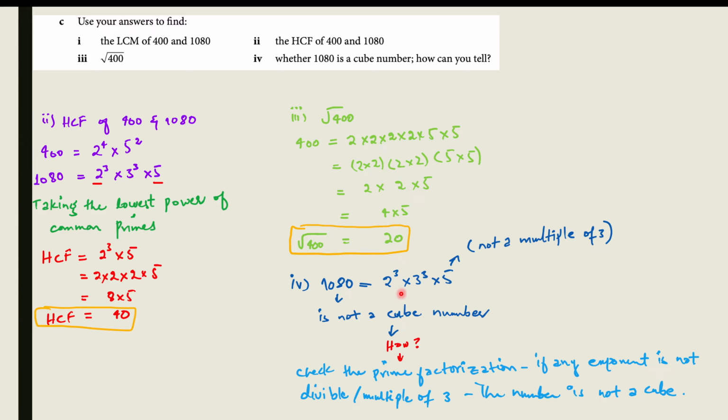So any prime whose exponent is not divisible by 3 or a multiple of 3 makes it ineligible to be a cube number. So in here we check the prime factors, we check their exponents, and the condition is if it's a multiple of 3 or divisible by 3. If this condition is not met, we can say that the number is not a cube.